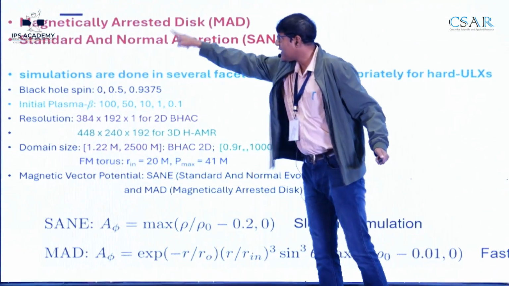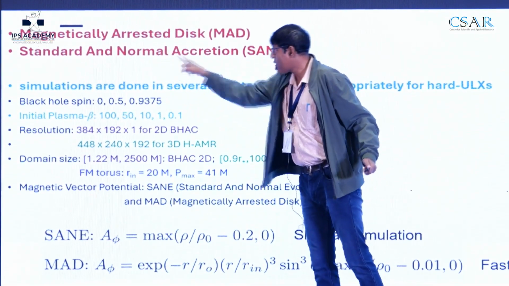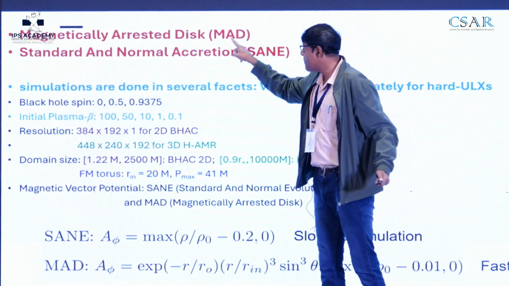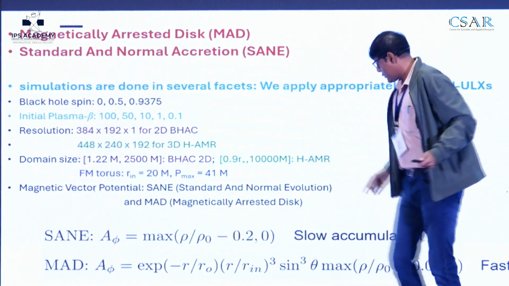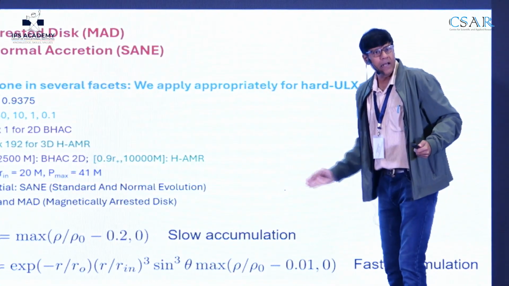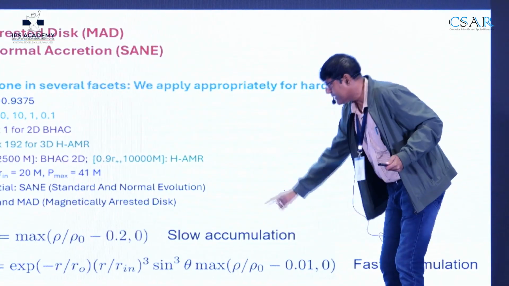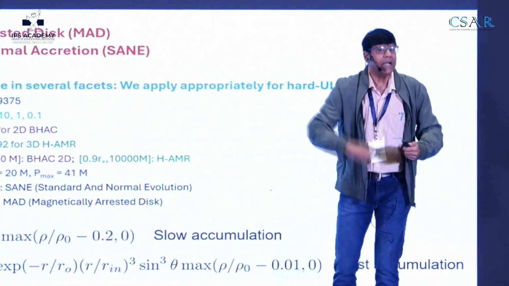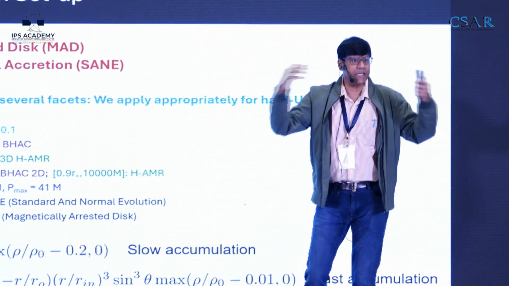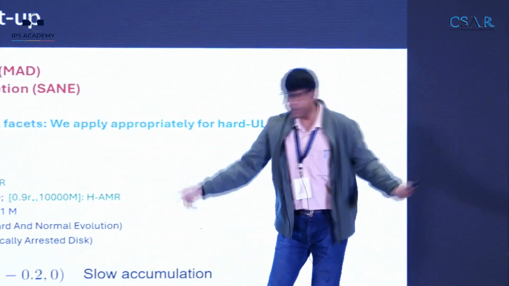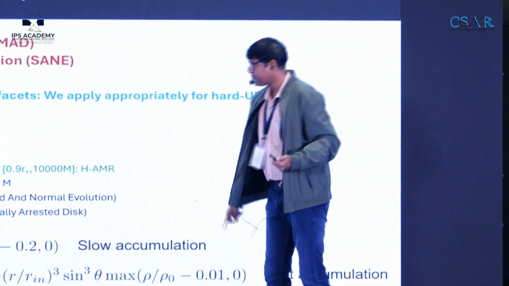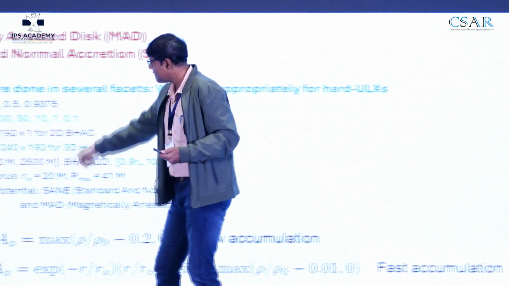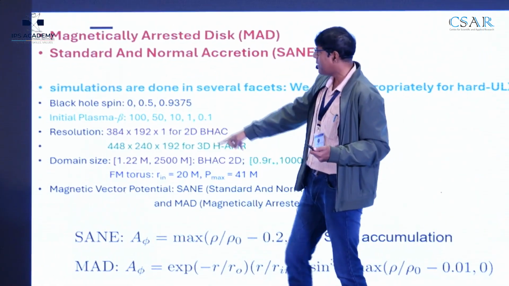One is the magnetically arrested disk, another is standard and normal evolution. Just remember, MAD means strong accumulation of matter, kind of magnetic potential is determining that. And SANE means less accumulation of matter. Both are determined, and the distinction is coming due to magnetic vector potentials. They are different. And those are the various simulation setups.